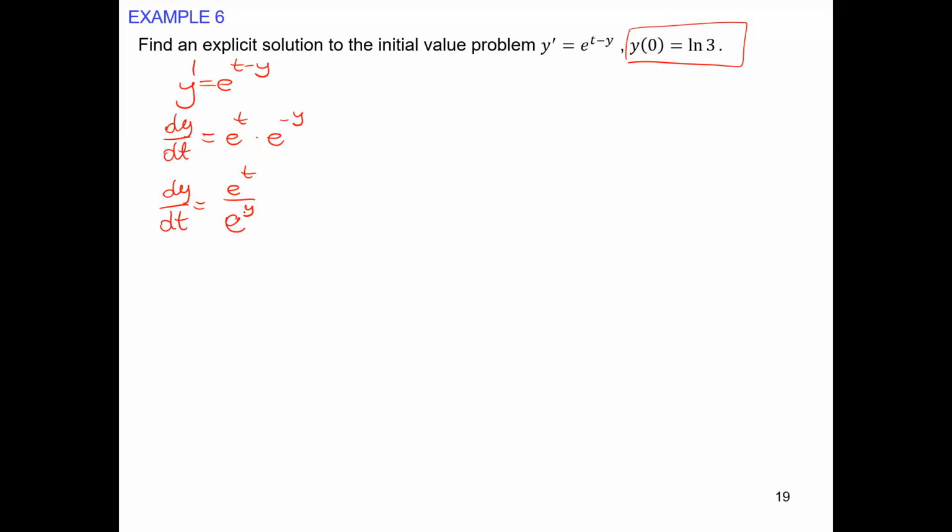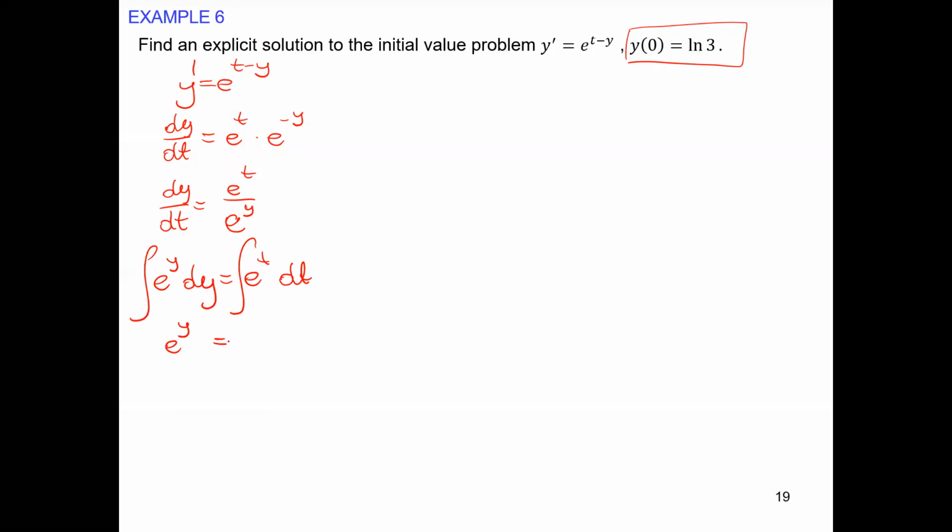We may cross multiply: e to the y dy equals e to the t dt, and we are ready to integrate. Integral of e to the y dy is just e to the y. Integral of e to the t dt is just e to the t plus the constant.